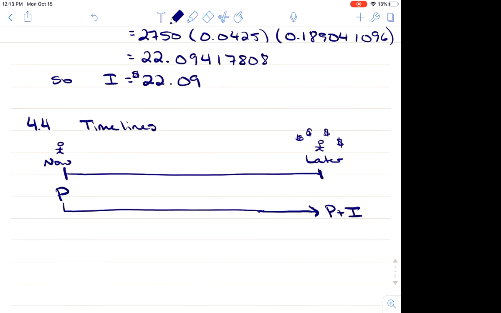But I say T equals whatever. And then write R anywhere on the timeline.